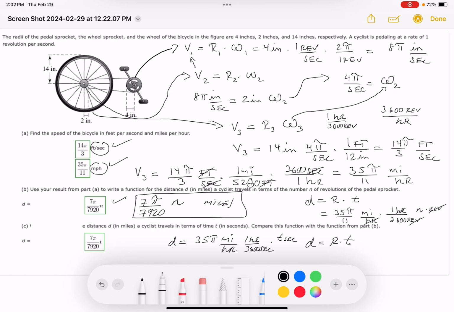Hours cancel, seconds cancel, and then you do the arithmetic and you're going to get the same result. You're going to get 7 pi over 7,920 t. Now, you may wonder why that is. 1 second and 1 revolution are equivalent in this problem because you're doing 1 revolution per second. And we're done. This is still in miles, by the way.